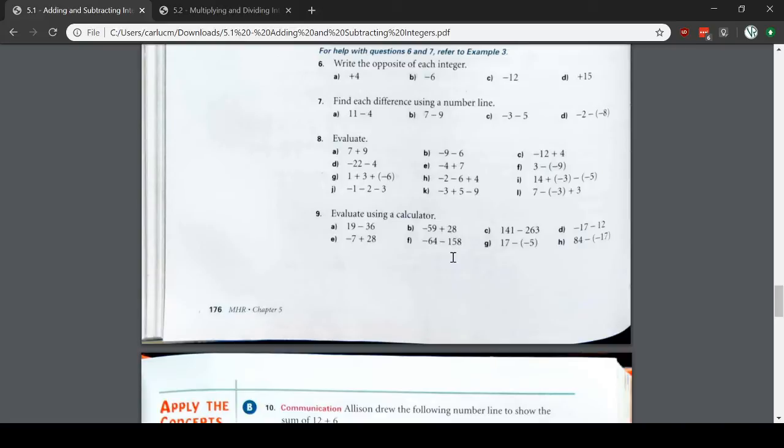B, negative 9 minus 6, C, negative 12 plus 4, and D, negative 22 minus 4.